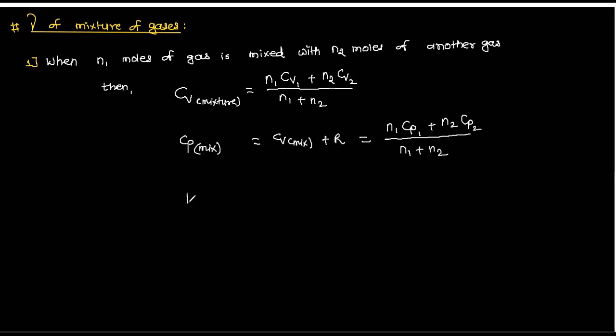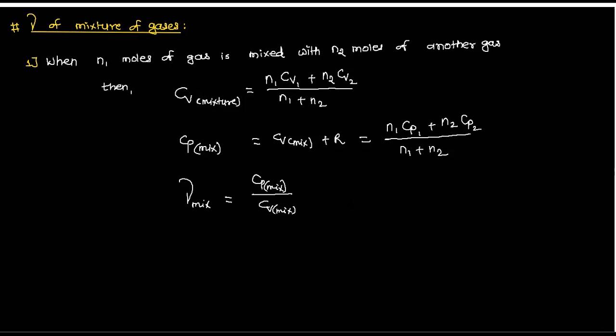And gamma of the mixture is equal to Cp of the mixture divided by Cv of the mixture. So first you find this Cp and Cv for the mixture, and then you can use it.